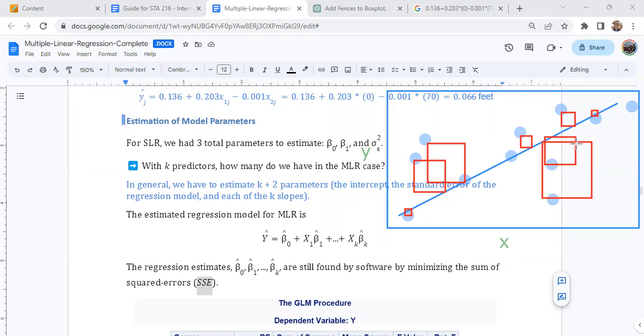And SAS, when finding the solutions, finds the straight line that minimizes the size of these squares. We're not going to worry about what the derivatives are or how calculus does that, but graphically, that's the idea. And this is for simple linear regression. This one has a tiny square too.